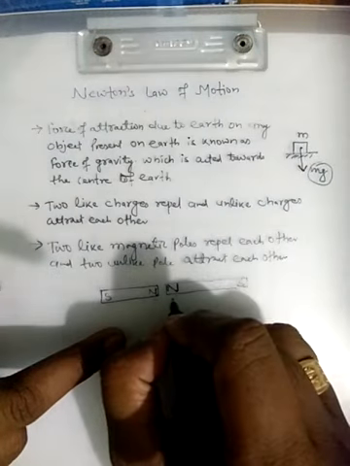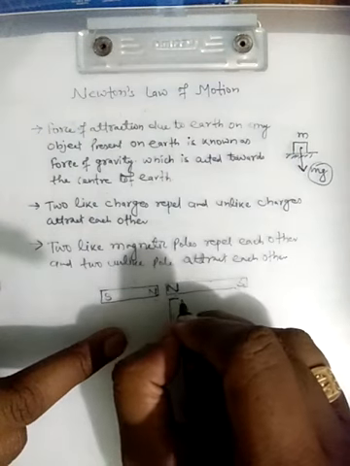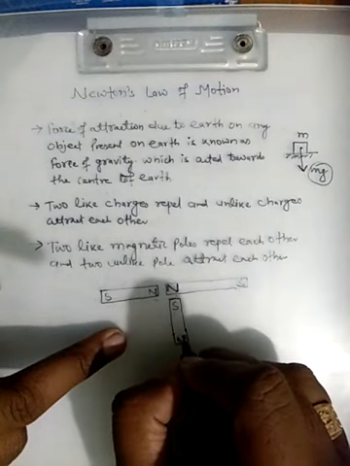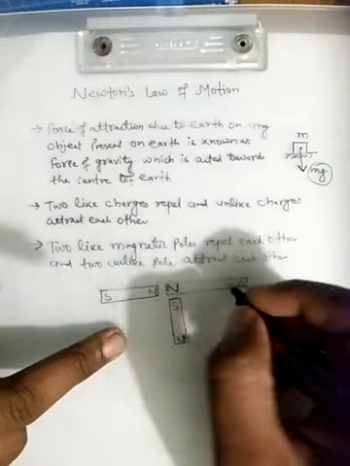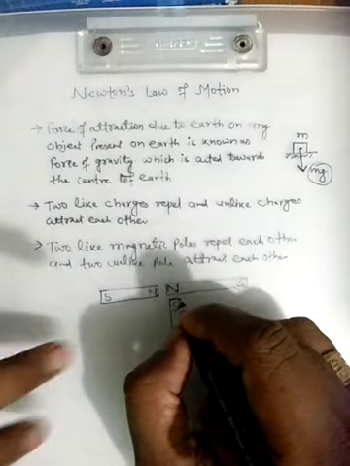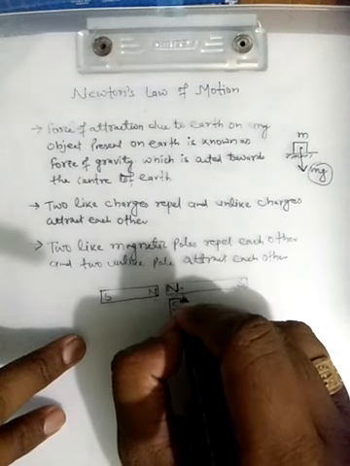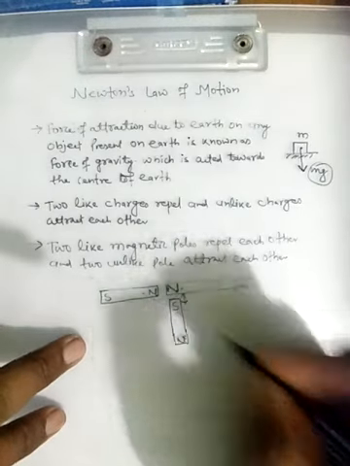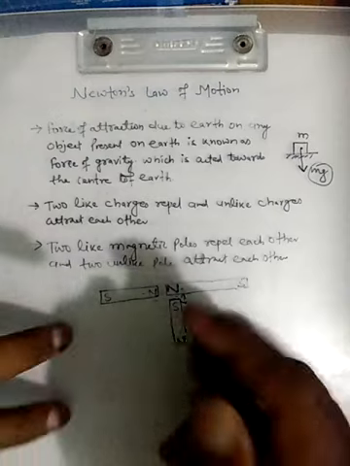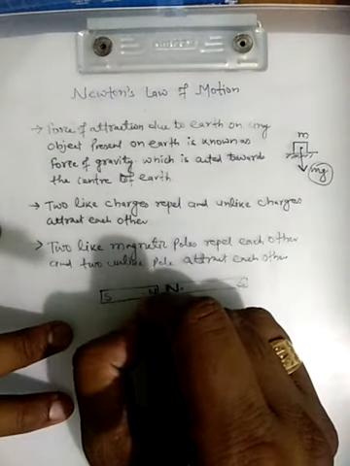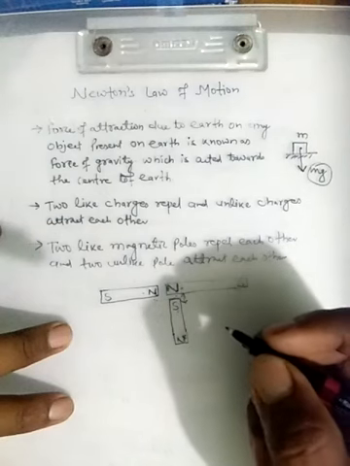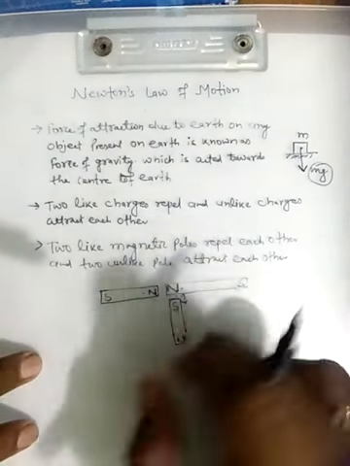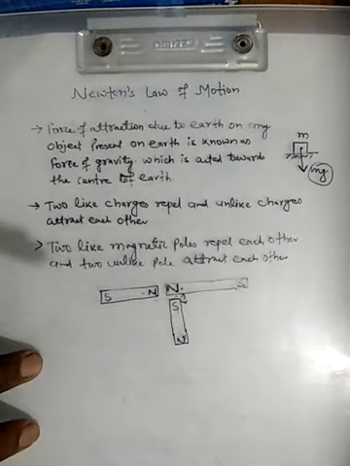If the other bar magnet has non-similar polarity, then the two bar magnets attract each other. Similar poles repel, and dissimilar or non-similar poles attract each other.